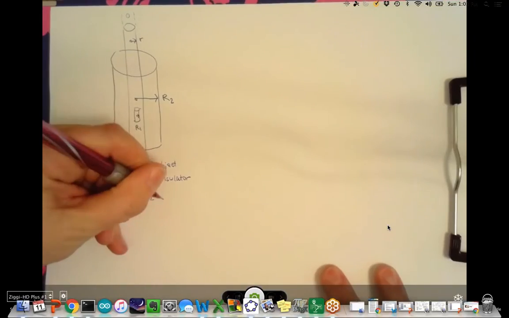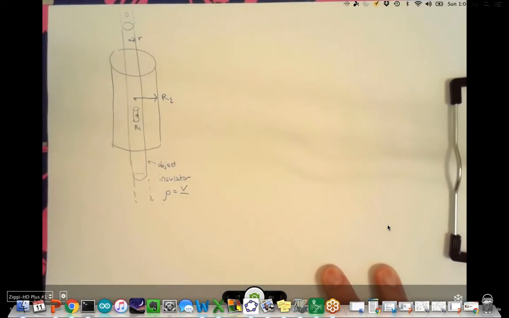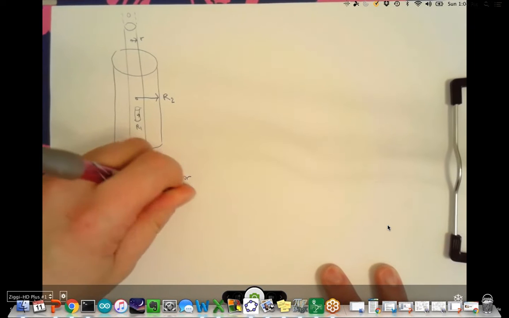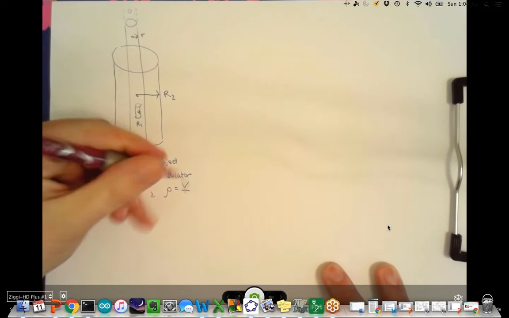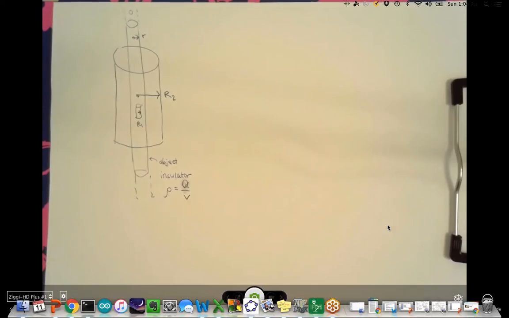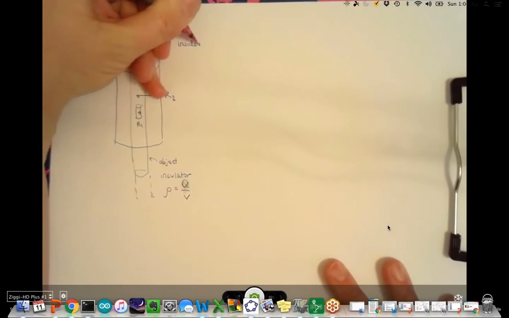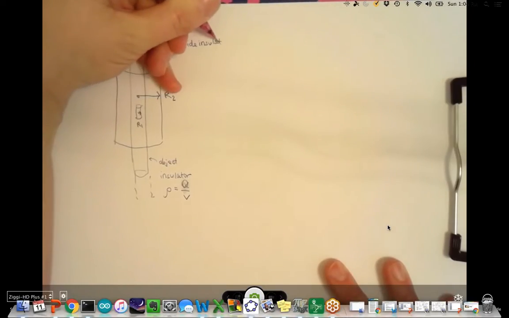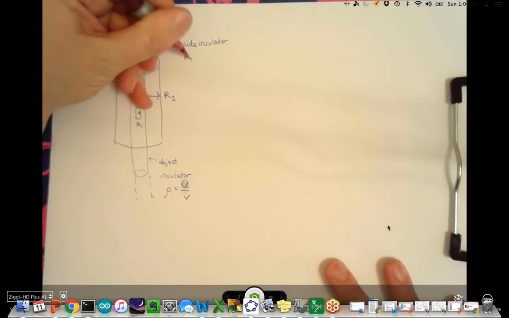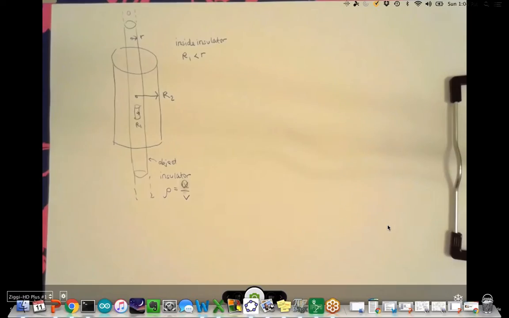So this is going to be rho equal to Q over the volume. If we've got an insulator, let's say we're starting out inside the insulator, where r1 is less than little r, which is the radius of the insulator itself.